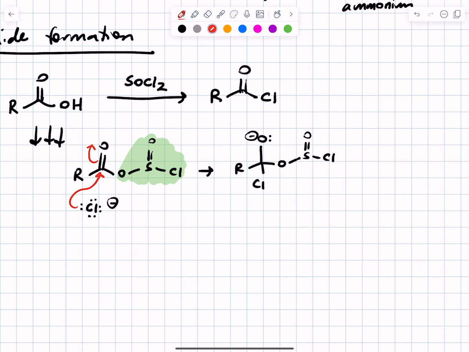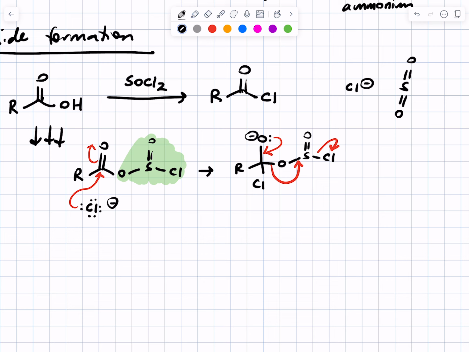The reason it's such a good leaving group is as the electrons from the negatively charged oxygen kick down and the leaving group leaves, the leaving group itself falls apart. The oxygen that's leaving essentially becomes another kicker-offer to kick off chloro as a leaving group. And so the other things that are formed in this reaction, in addition to the acid chloride, are Cl minus and SO2, which is a gas and bubbles off, and that dramatically increases the entropy of the reaction, which provides a strong driving force for going forward.